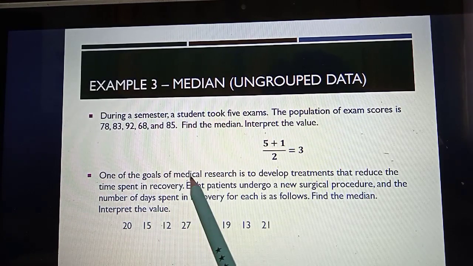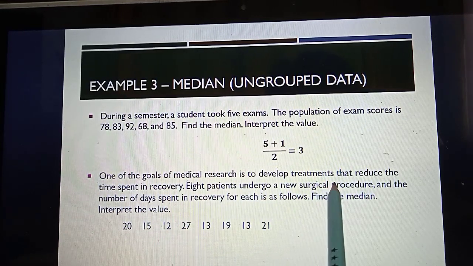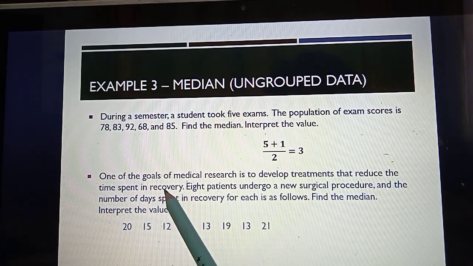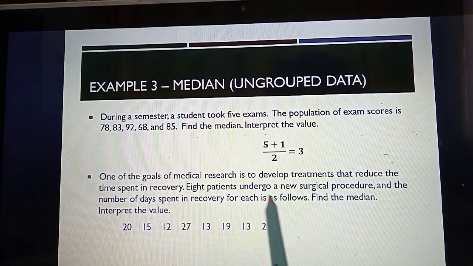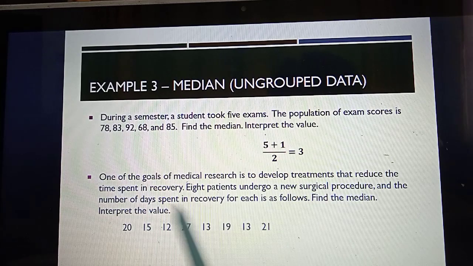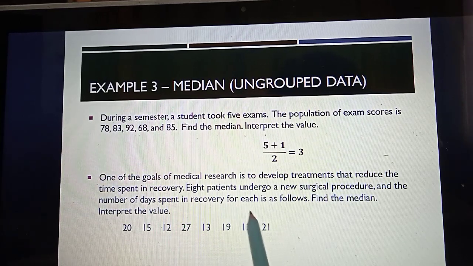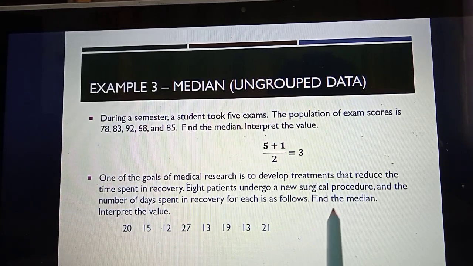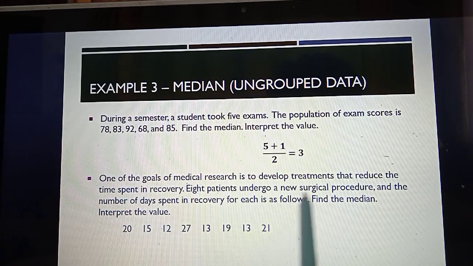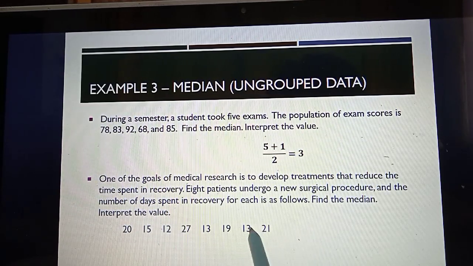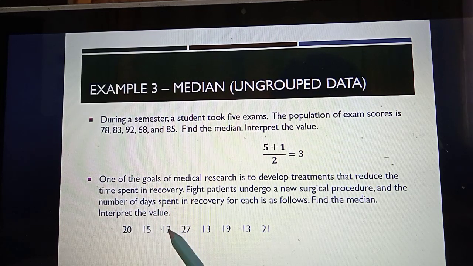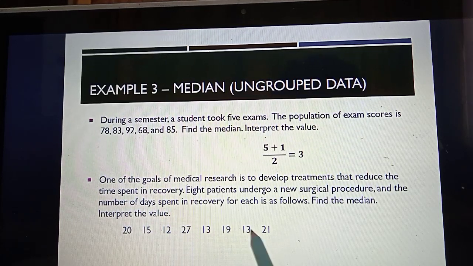Okay, one of the goals of medical research is to develop treatments that reduce the time spent in recovery. 8 patients undergo a new surgical procedure and the number of days spent in recovery for each is as follows. Now find the median and interpret the value. So how many data here? 1, 2, 3, 4, 5, 6, 7, 8.